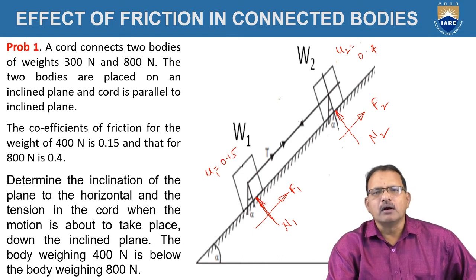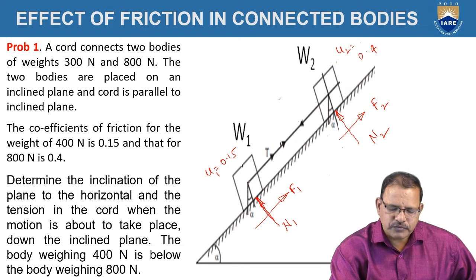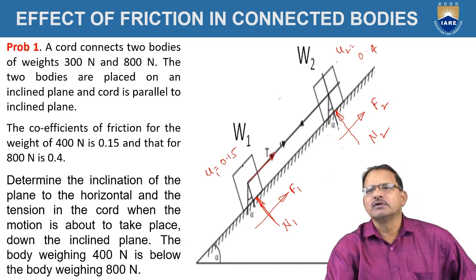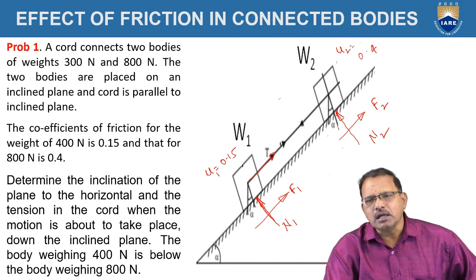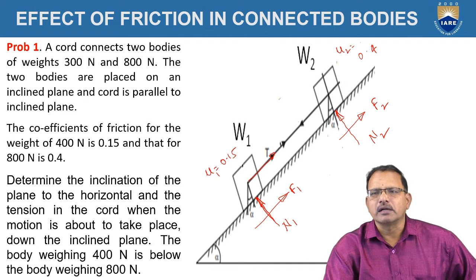With respect to body 1, the tension in the rope always acts away from the object. It is represented as T. For body 1, when we draw the free body diagram, it acts toward the right side as shown in the figure.